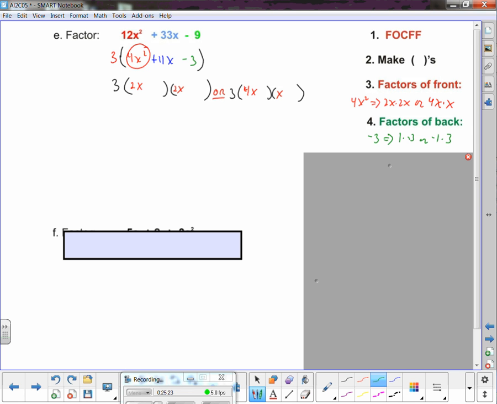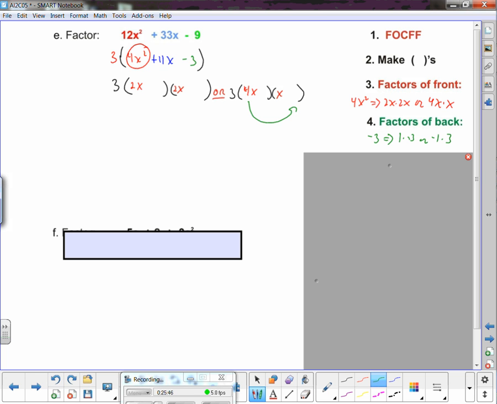But here's the reality. If we use this second one, right here, a 4x and an x, does it matter where we put the 1 and the 3? It matters, right? It matters because here's what you're always looking for. I think it was green.